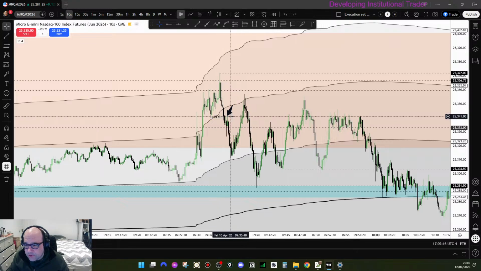I'm waiting for a failed pullback. You see the structure, you see the pullback, it doesn't go any higher than the structure. I'm waiting for the pullback to fail. When it fails, this is my entry.